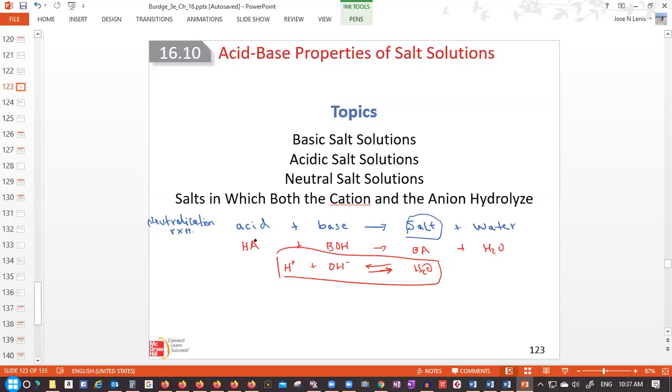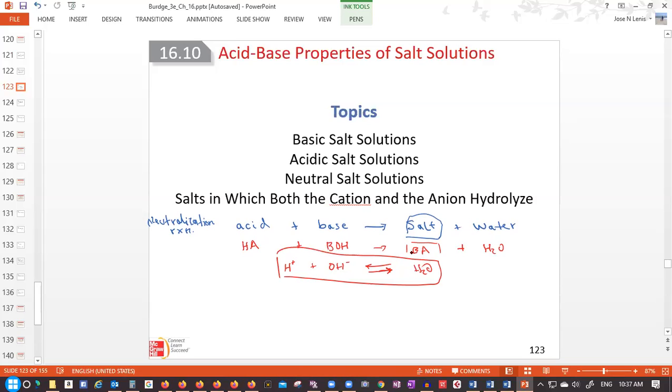You can have a strong acid and weak base, a strong acid and strong base, a weak acid and strong base, or a weak acid and weak base. Any combination of strength of acids and bases, you will always get a salt and water.